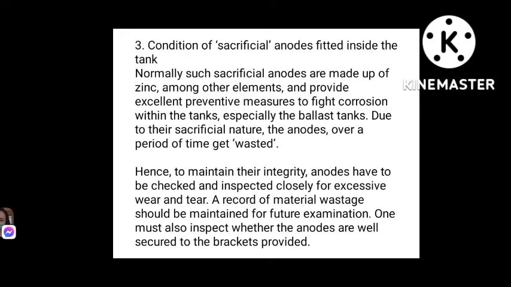Hence, to maintain the integrity, anodes have to be checked and inspected closely for excessive wear and tear. A record of material wastage should be maintained for future examination. One must also inspect whether the anodes are well secured to the brackets provided.